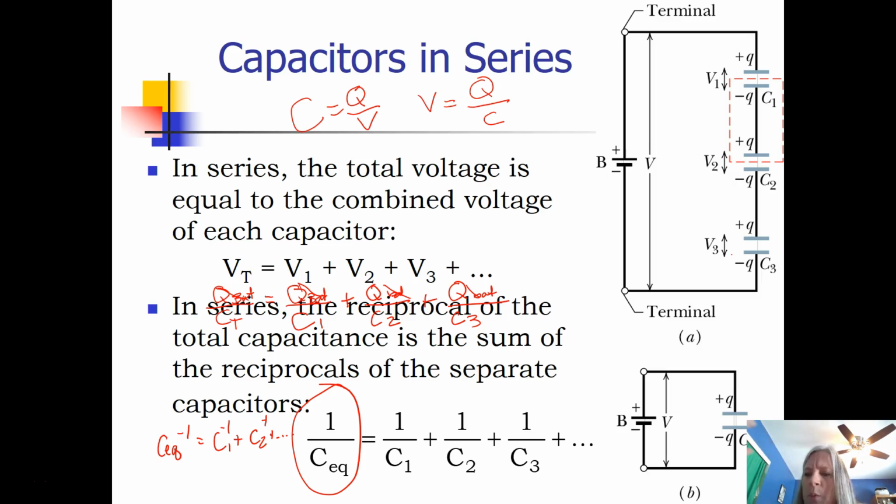And now you may wonder, why would you want to do that? Well, sometimes it's handy to have less capacitance than you have capacitors for. Maybe you need a certain amount, but you don't have a smaller capacitor. Well, you can put some in series and do some math, and you could get the capacitance that your circuit needs.